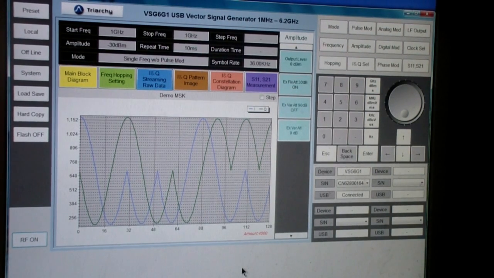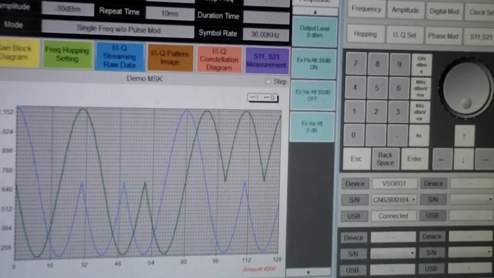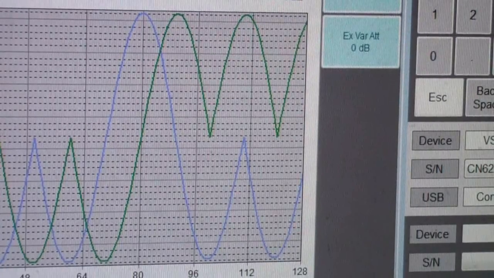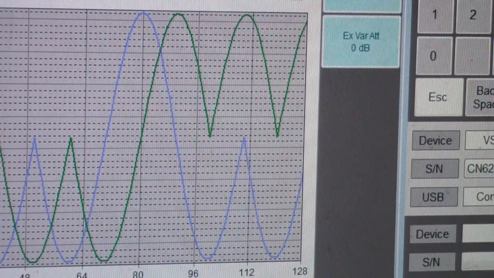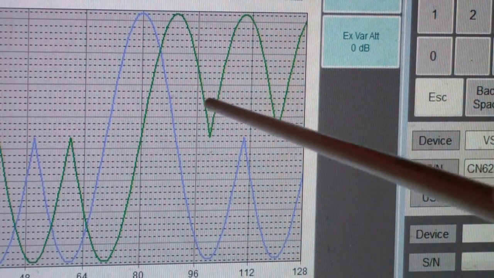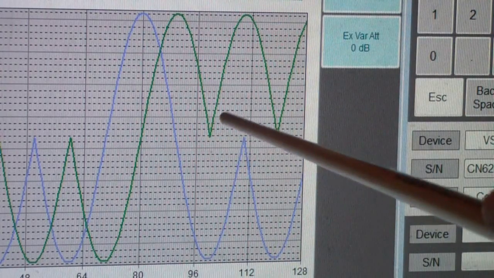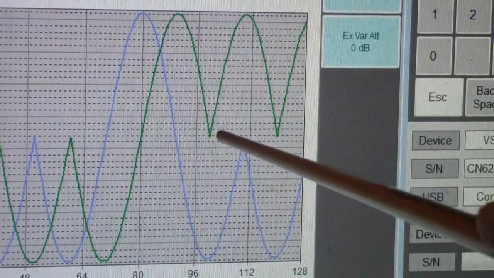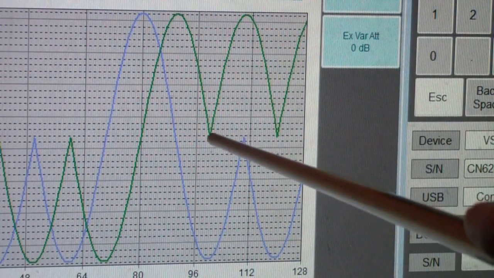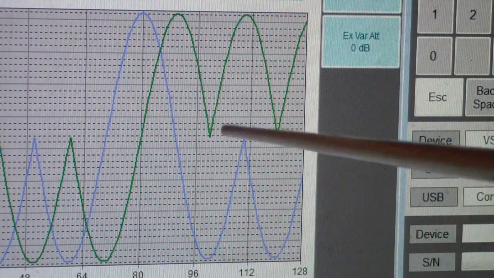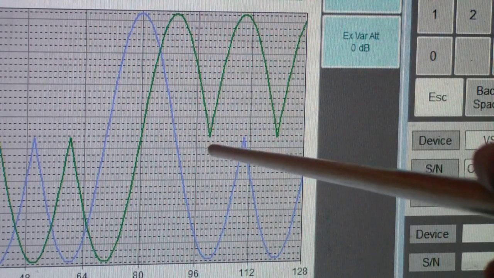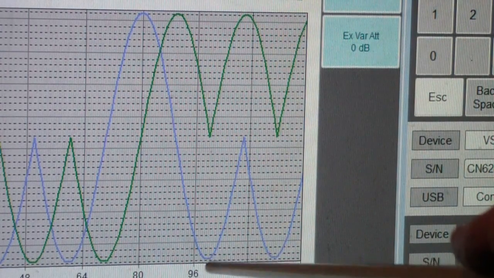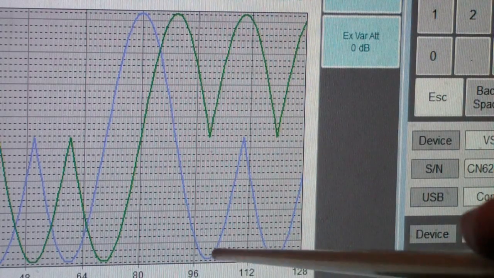And I'm going to zoom in on the I and Q waveforms to point out that if you notice when, for example, the Q waveform changes frequency, it's at the point when it is at zero, and the opposite, or I signal in this case, is at a maximum.